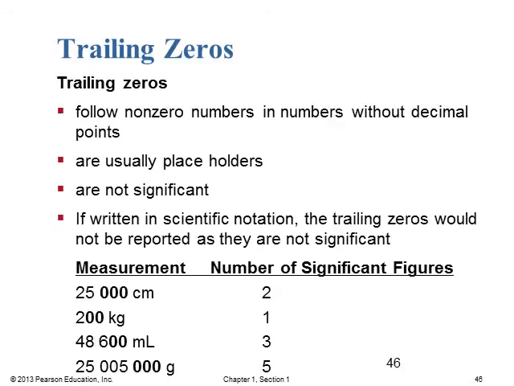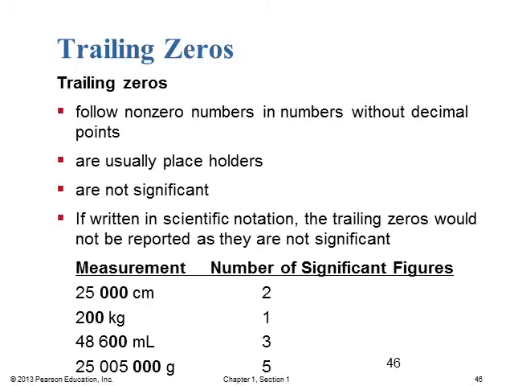So now we will talk about trailing zeros. Trailing zeros are zeros that follow non-zero numbers, and there is no decimal point after those zeros. That's key right here, that there's no decimal point following these zeros. If there is no decimal point, then these are not significant.